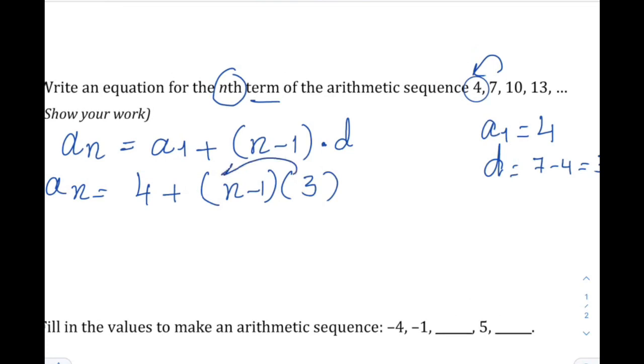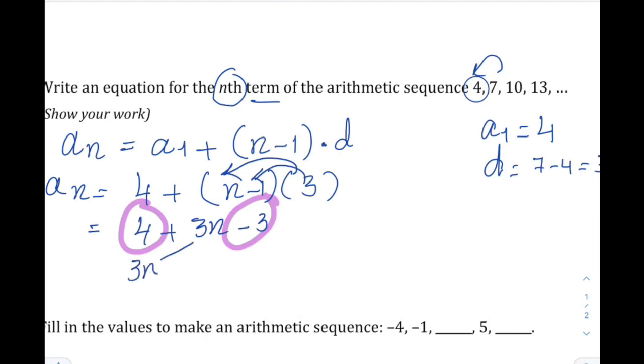So you will distribute: 3 times n is 3n, and 3 times negative 1 is minus 3. We have here 4 and minus 3 are like terms. So you put 3n down plus 4 plus minus 3, which is 1. So this is an. An is 3n plus 1.